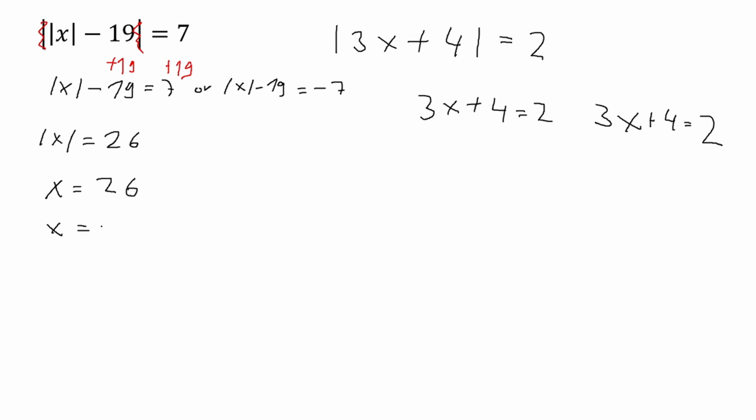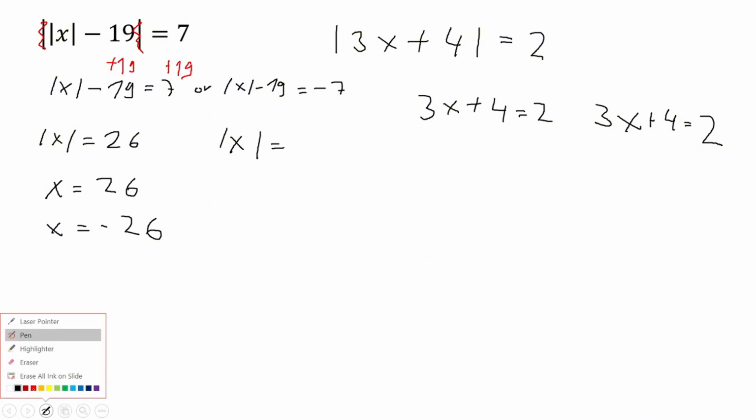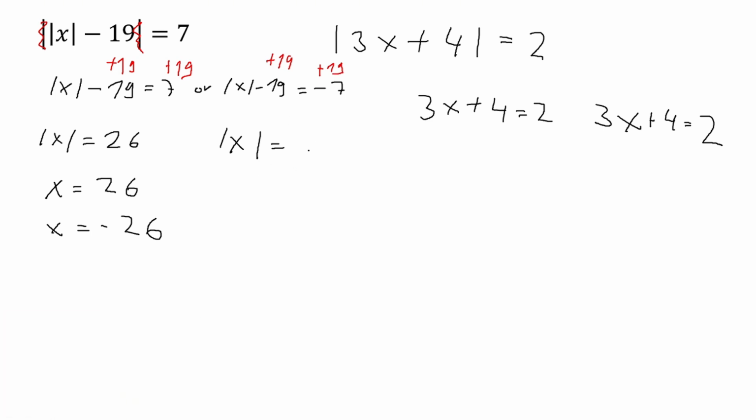So x would be equal to 26 and negative 26. And over here, we would have the absolute value of x would be equal to, again, rather simple, plus 19 on the left side of the equation, and the same for the right side. So that would be plus 19 plus 19, and that would be equal to, no, that would be equal to just 12. Sorry. So that would be equal to 12. And as we know, it needs to be the positive and the negative.